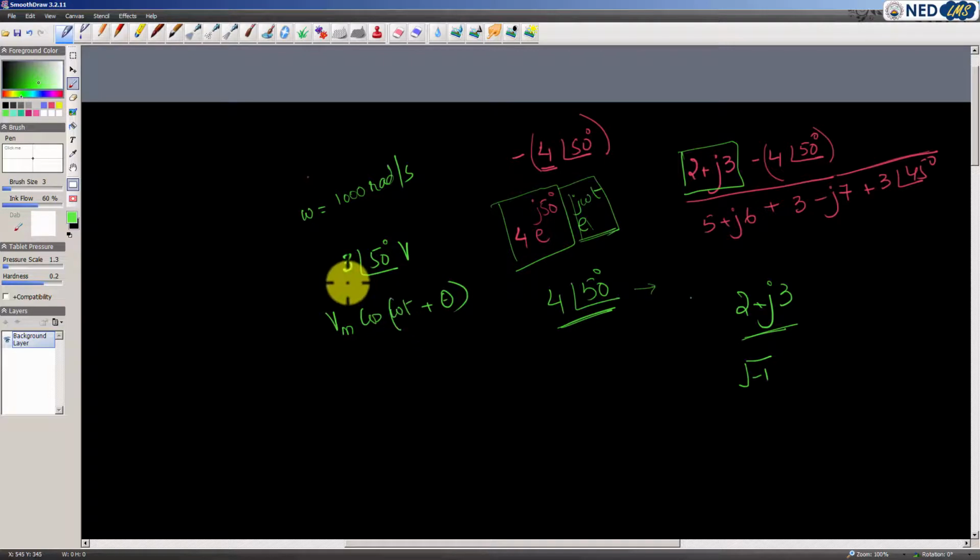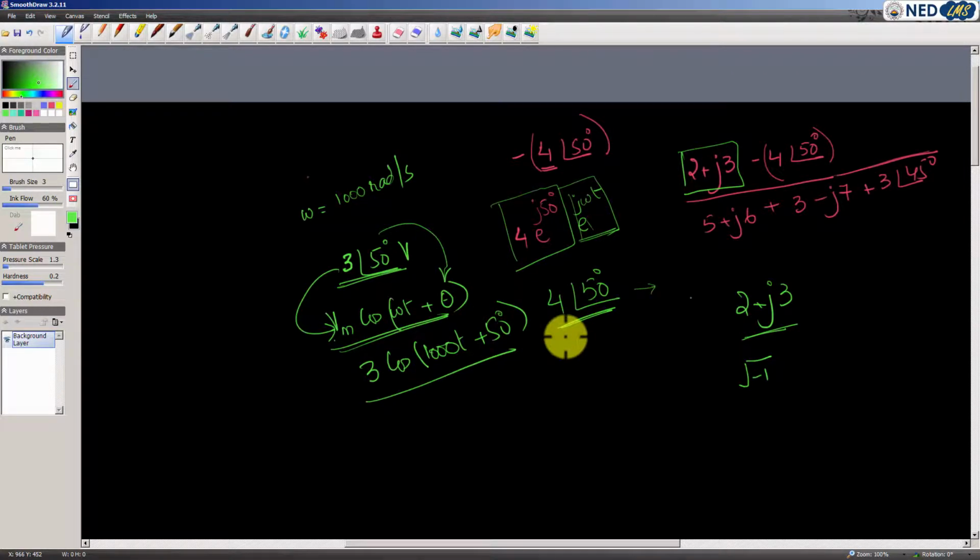This is the phasor representation, this is the time domain representation. If I convert from phasor domain, or frequency domain, to time domain, I can write the maximum value 3, which is the magnitude, and I write cos, and omega is 1000, t, and 50 degrees will go from here to here, so I write plus 50 degrees. So if I have the answers given in polar form, it's actually much simpler to convert.